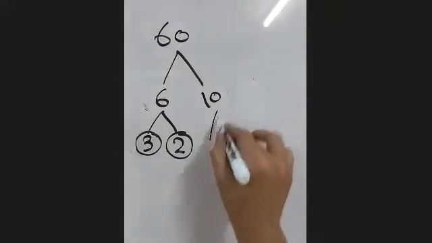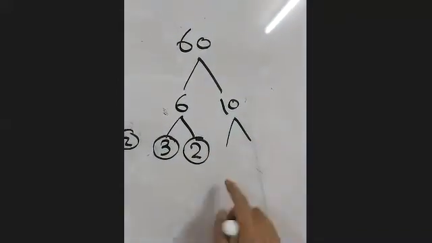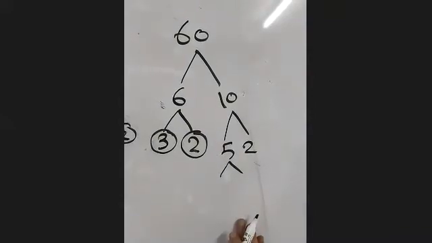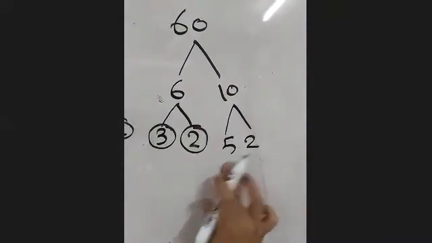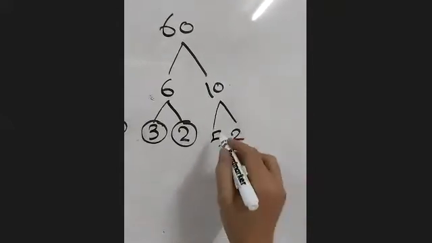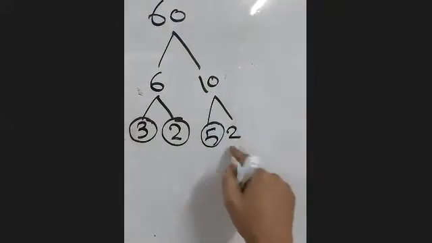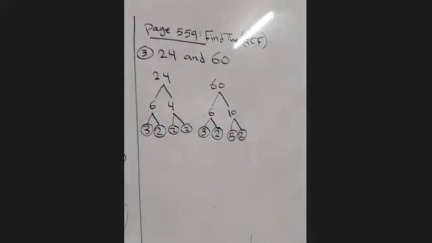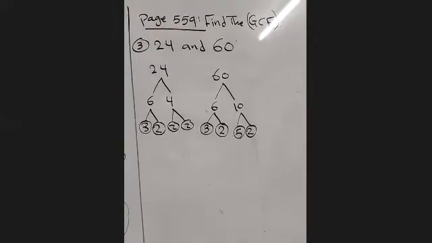Now the 10: 5 and 2. Can we do more for the 5? No, 5 is only 5 by 1, and we don't want 1 in the 3. So we put a circle. The 2 also, we put a circle. Do you understand it? Yes.